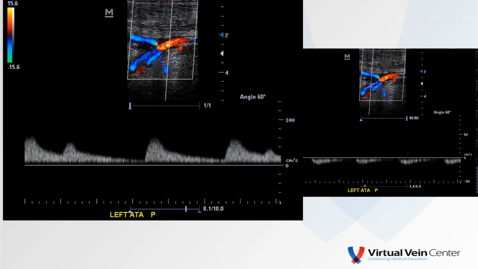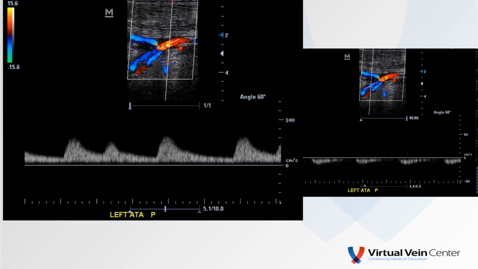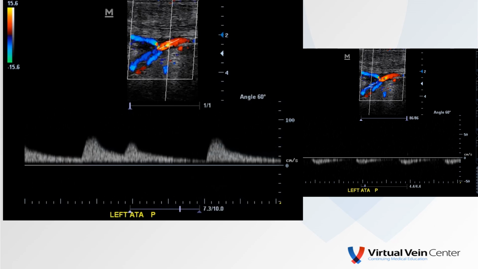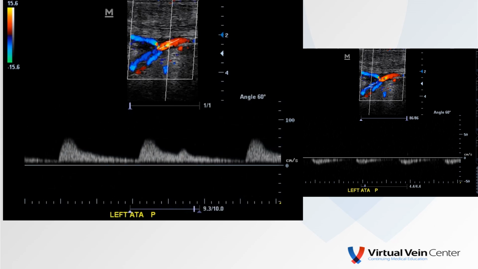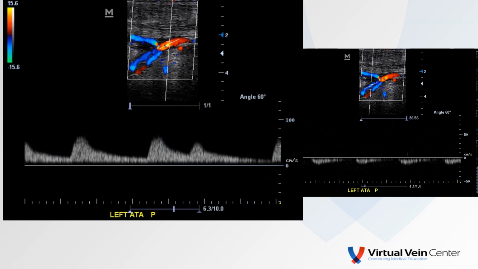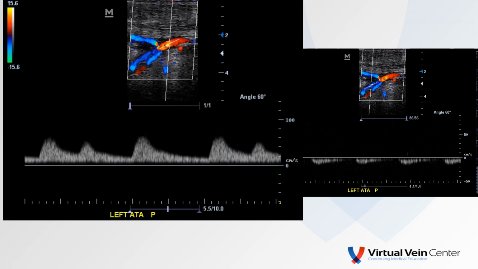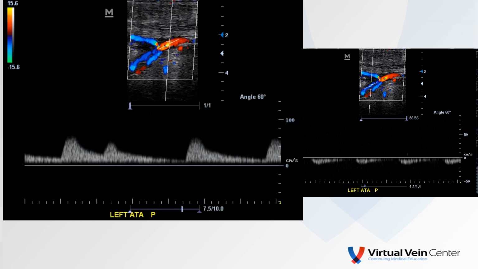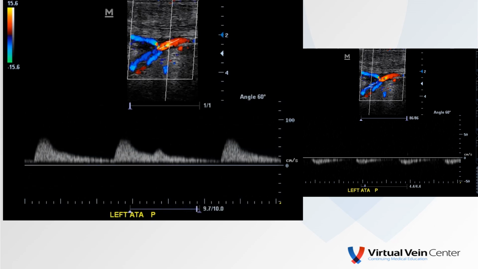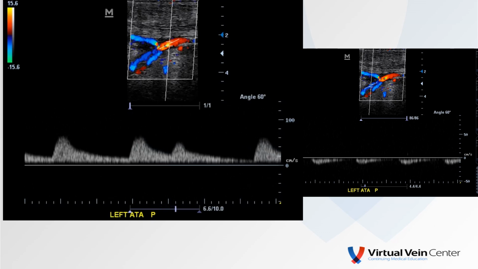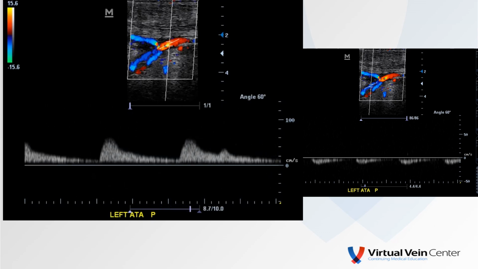Here we see the antegrade flow up that anterior tibial artery distal to the collateral, and we can confirm the retrograde flow in that short segment of the proximal anterior tibial, supplying blood down to the tibial peroneal trunk. Significantly dampened waveforms.